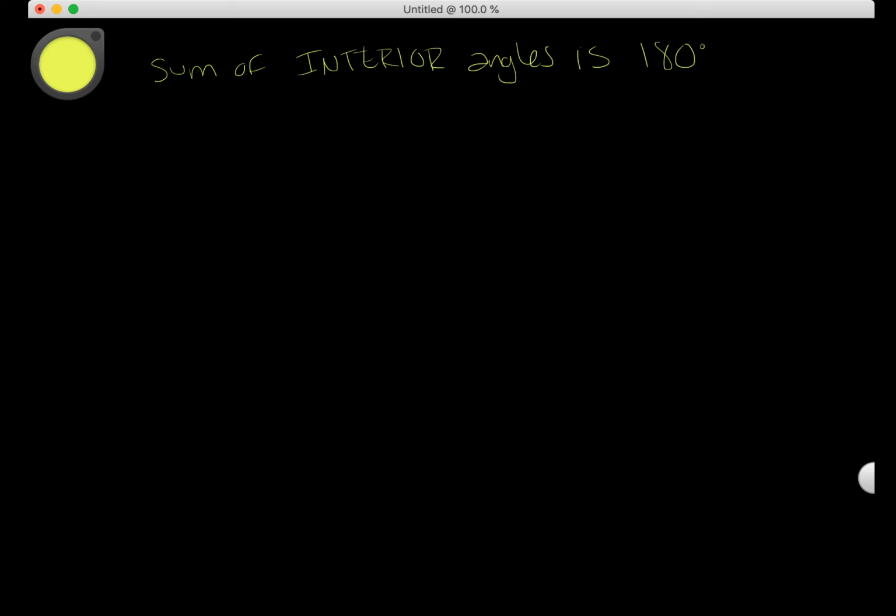Now, we need to know that the sum of the exterior angles of a triangle is 360 degrees.